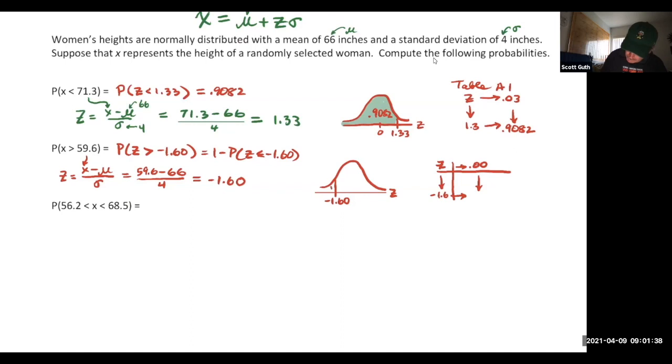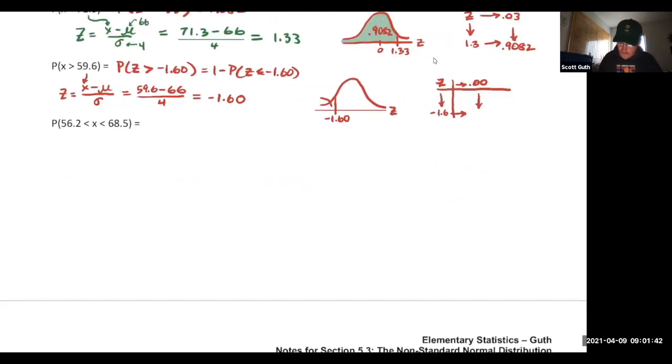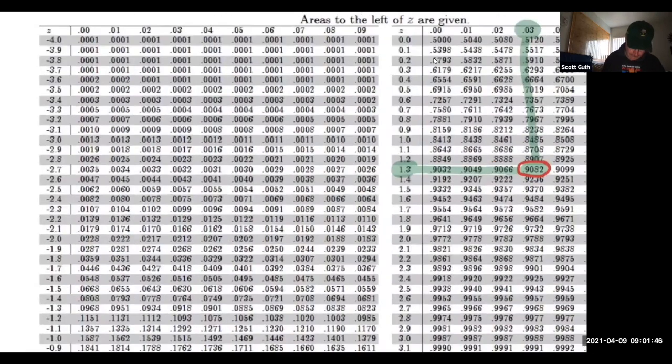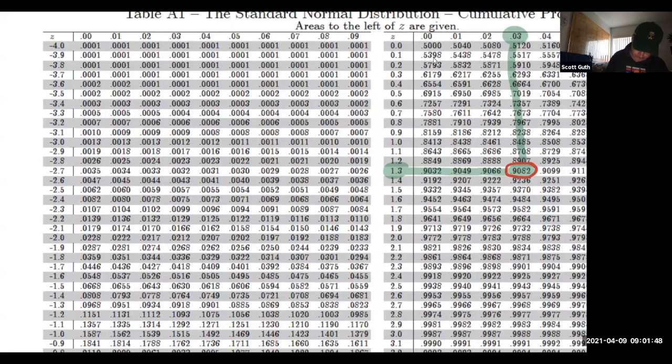So we're gonna look up negative 1.6 and get what we don't want. So let's look at it again here on the negative side of the table. Okay, so hopefully you're seeing what I see. Is there any question about this?